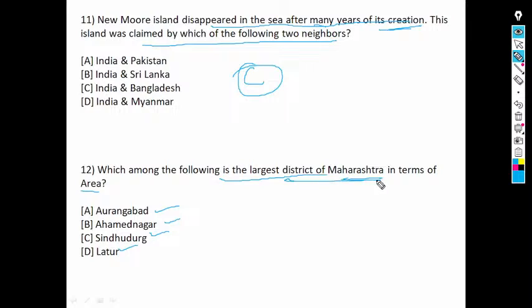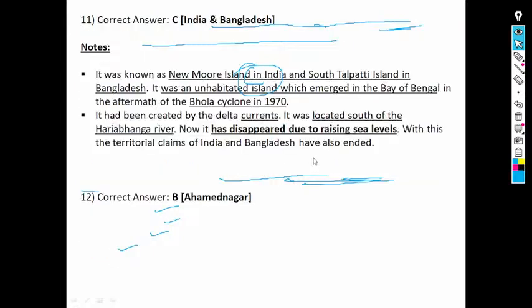The largest district of Maharashtra is Ahmednagar. Let me check this one. Yes, it is Ahmednagar.